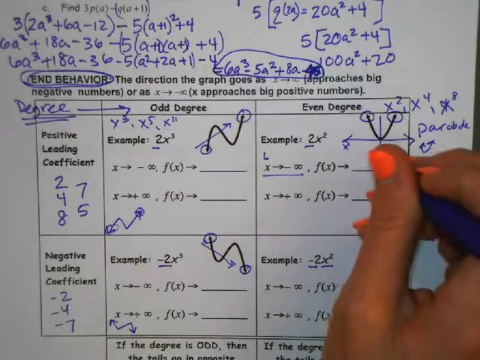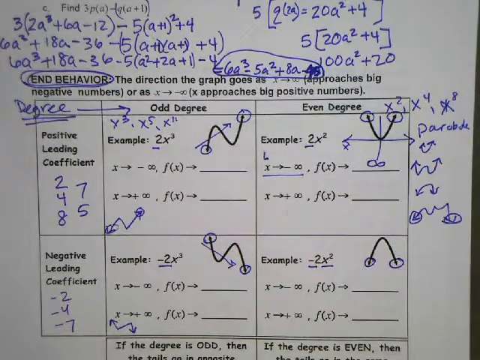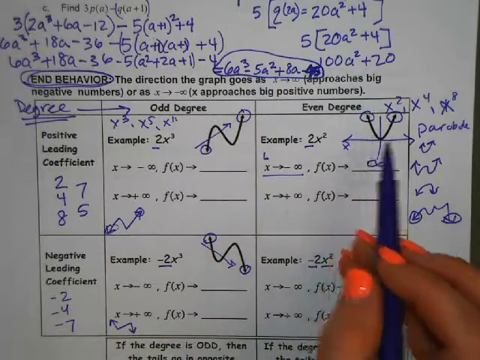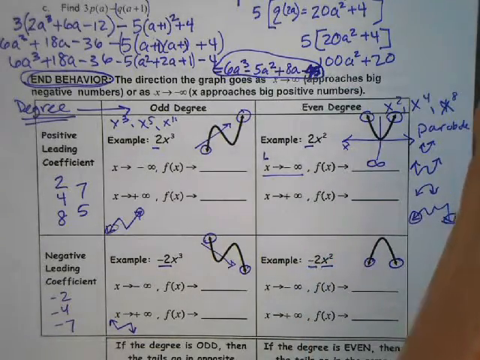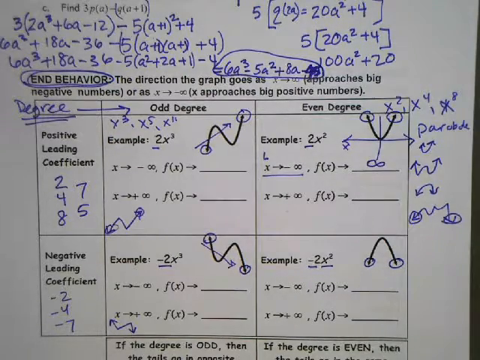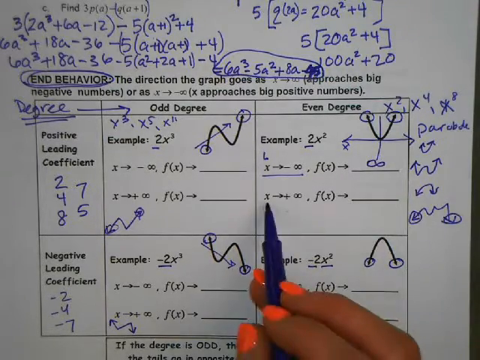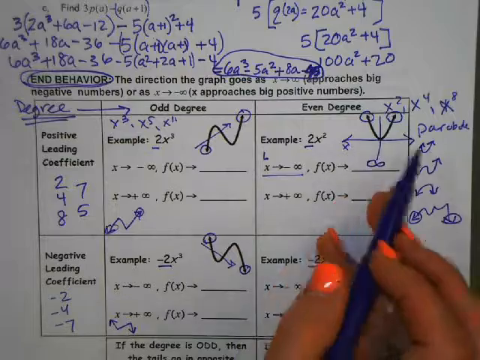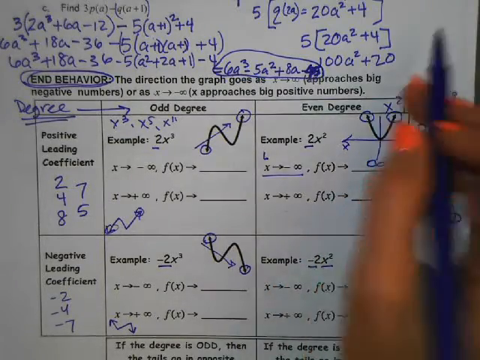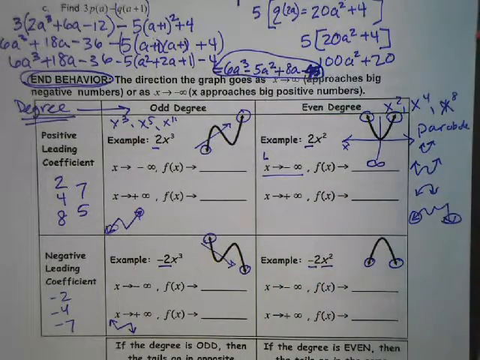It's infinity. You're going to have two answers for these, infinity or negative infinity. That's it. Your end behavior is either going to be positive infinity, meaning it's going up, or negative infinity and it's going down. Those are your two answers. Does that make sense? Okay? So then as x is going to infinity, as x is going this way to the right, what's y doing? It's going up. So what is that?